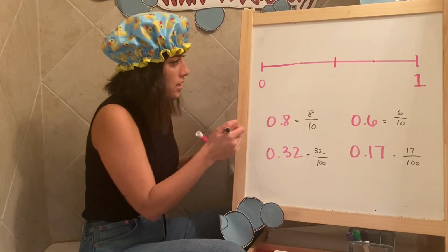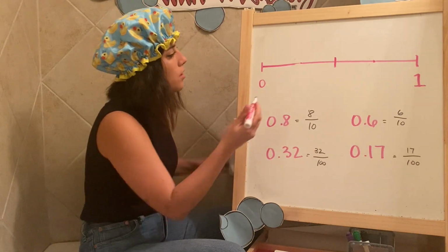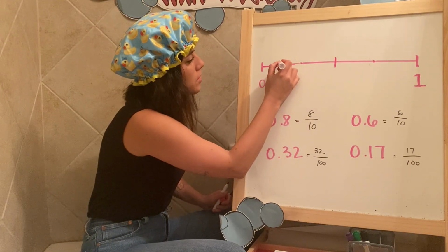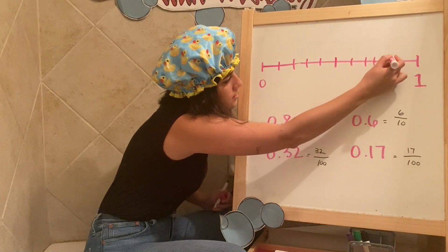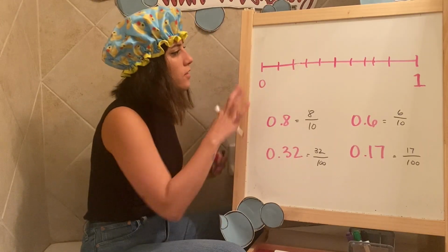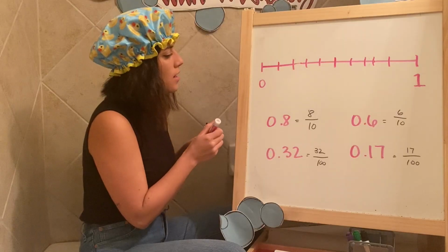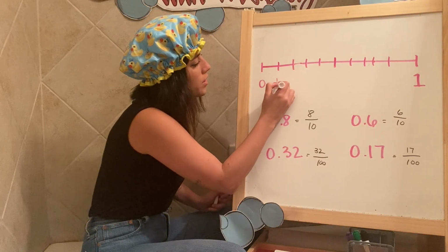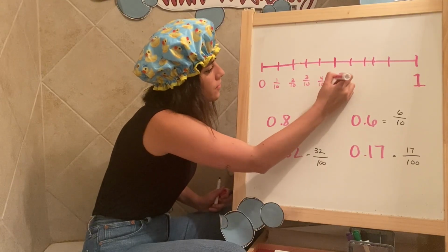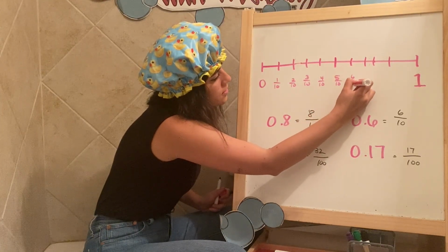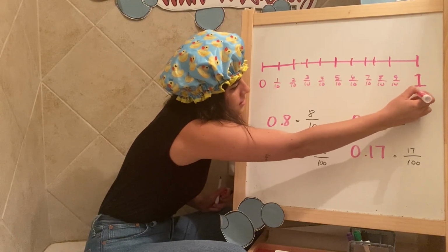The way that this number line is broken up, I have 0, half, and 1, right? So I can kind of make my own marks here. If that's to 5, that would be 1, 2, 3, 4, 5, 6, 7, 8, 9, 10. They're not super even, but you kind of get the gist. So if I want to make my fractions, I could say that this is 1/10, 2/10, 3/10, 4/10, 5/10, 6/10, 7/10, 8/10, 9/10, and 10/10, right?